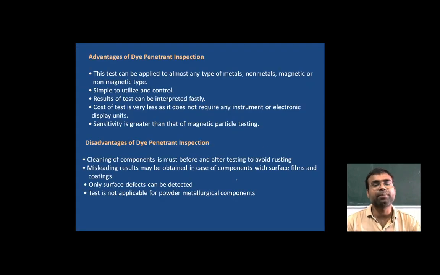The test is not applicable to powder metallurgical components, as powder metallurgy has some limitations. Such products are made by the combination and compacting of powders, so the penetrant may not propagate properly and the result may not be found properly, since the test is suited to identifying solid materials.